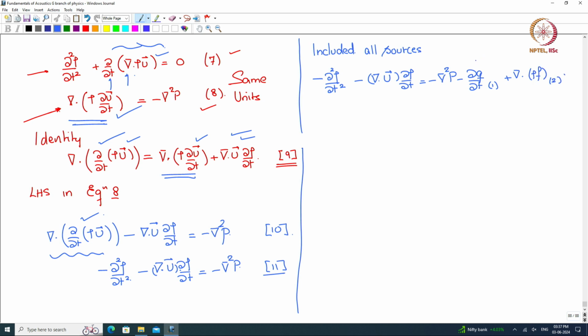Okay, so this is one source, that's another source. This is an equation with sources.